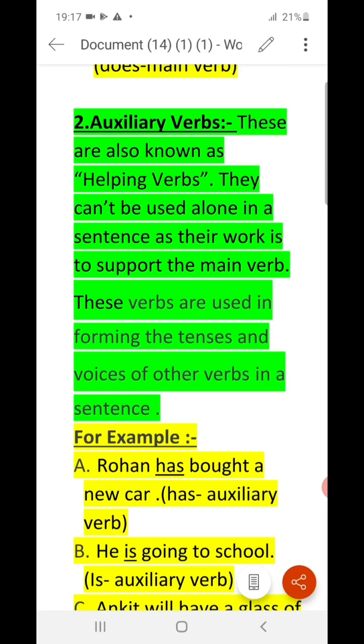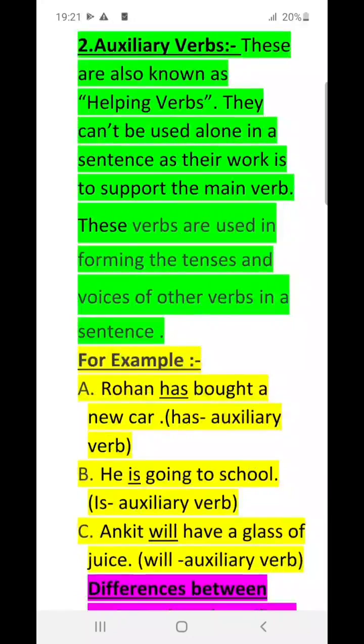They are very useful to provide specific meanings to the sentences. Otherwise, their sense would have been incomplete, or they will fail to render proper meanings as such.